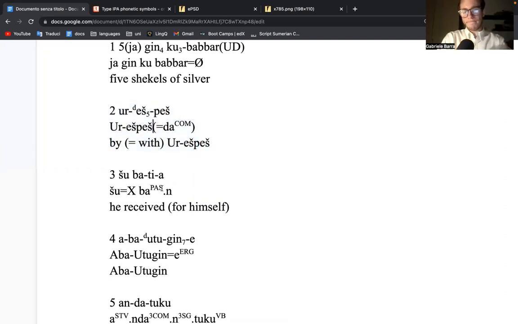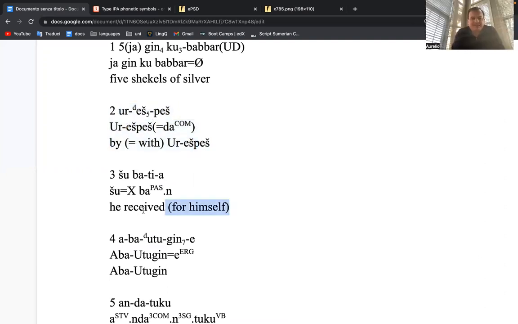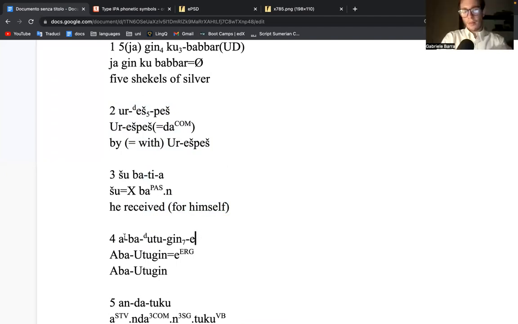So, cool. Okay, makes sense. And we know that the subject of the verb shubati is not Aba-Utugim, so there's no reason to have the n, and I would instead have an inanimate b.